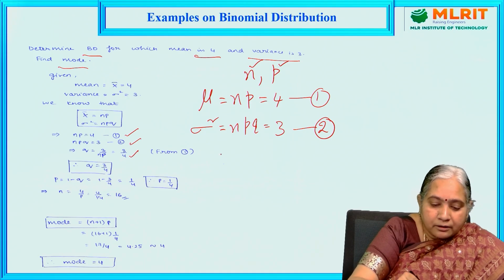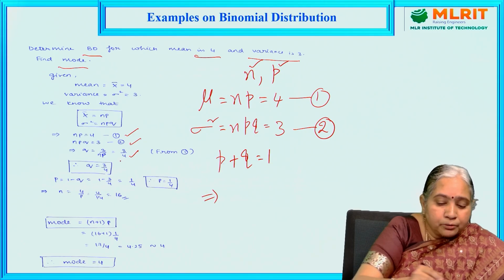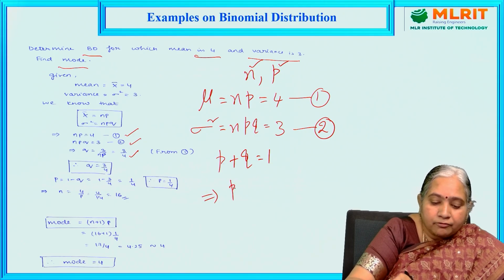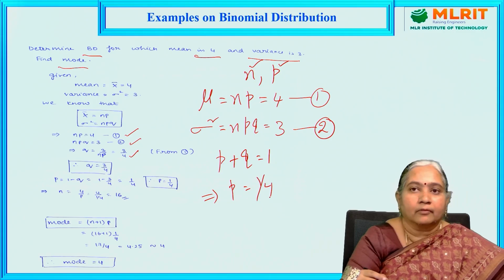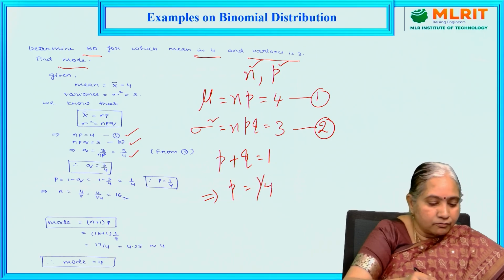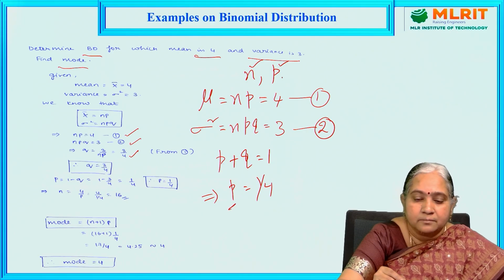And we know that p plus q equal to 1, the total probability. If q equal to 3 by 4, we can find p equal to 1 minus 3 by 4, so 1 by 4. So this p is the probability of success.